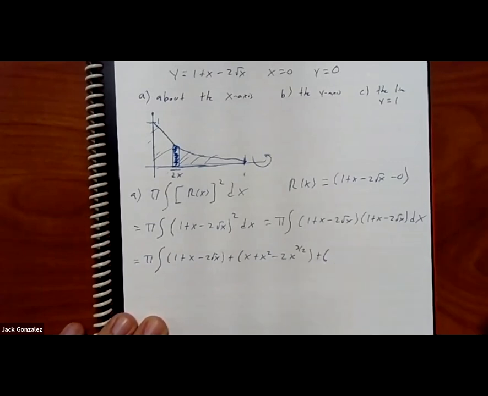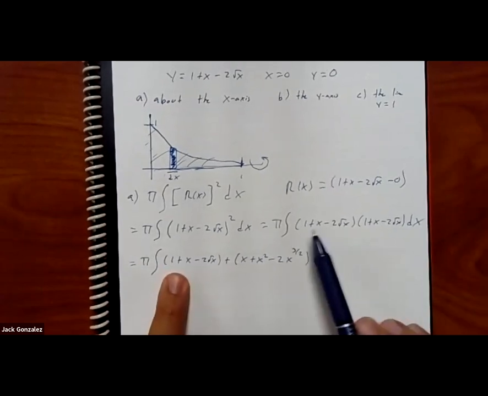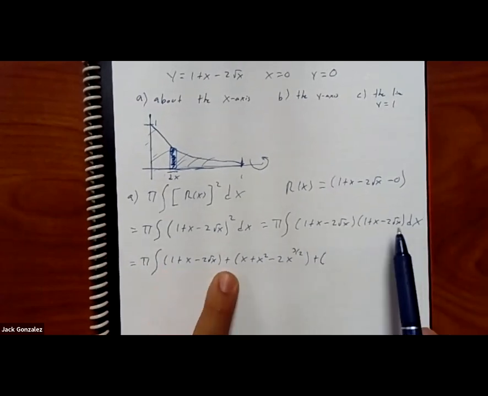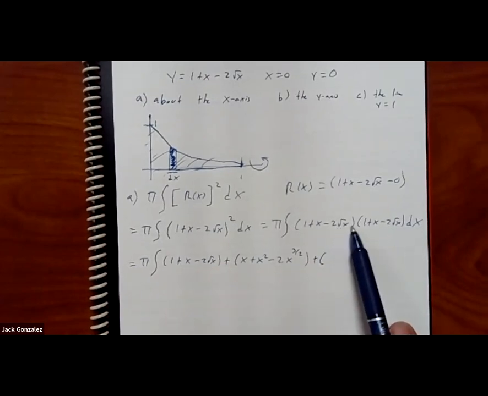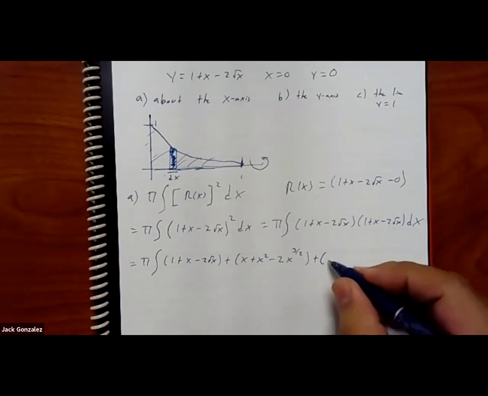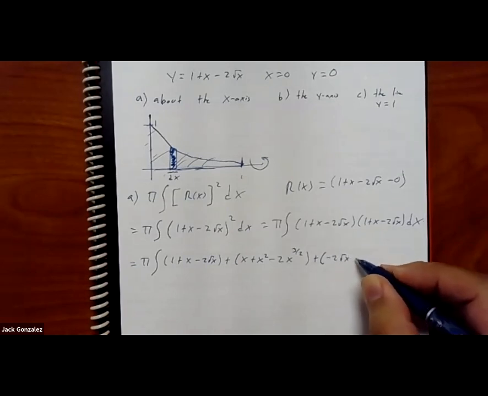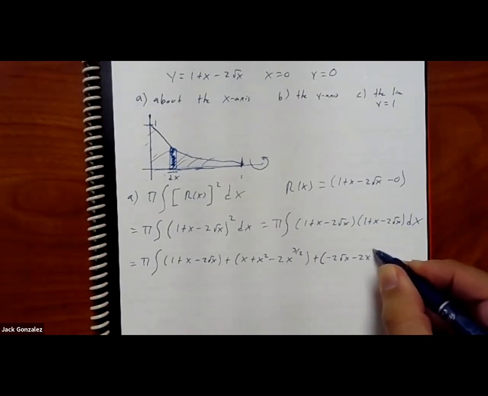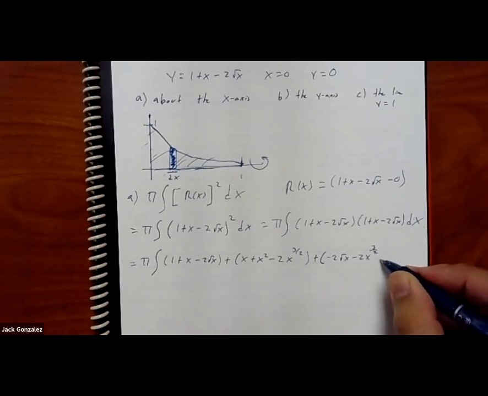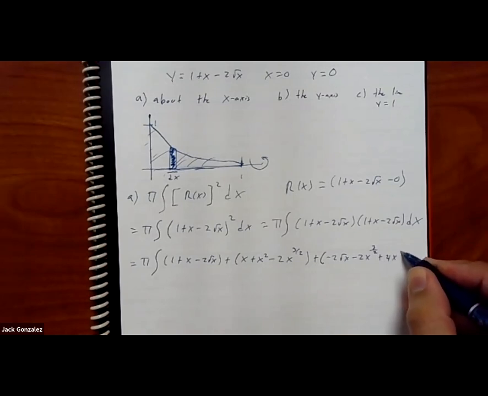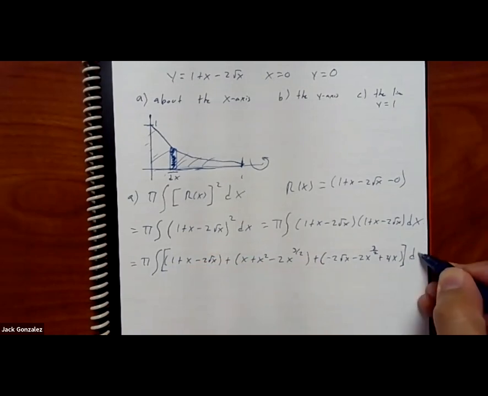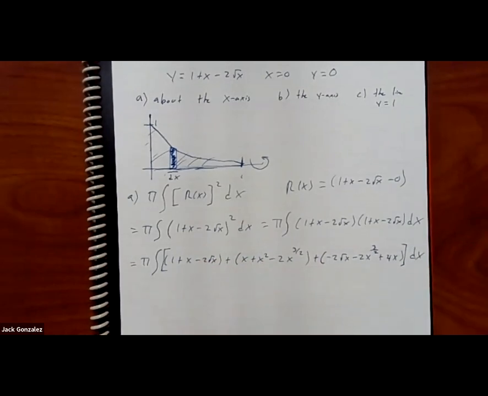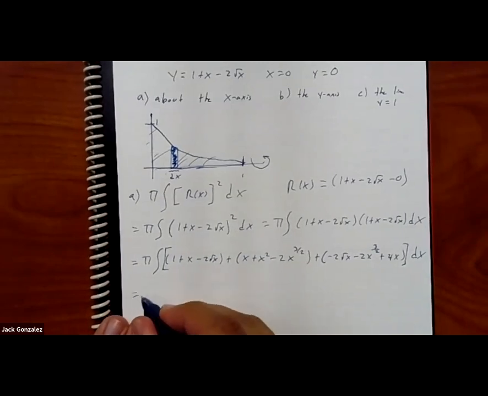Plus. So this one came from doing 1 times all this stuff. This came from doing x times all this stuff. Now I'm doing -2 root x times all of these. So I'm multiplying everything out, okay? Trying to do it as easy and as neat as possible, because you can easily make a mistake here.